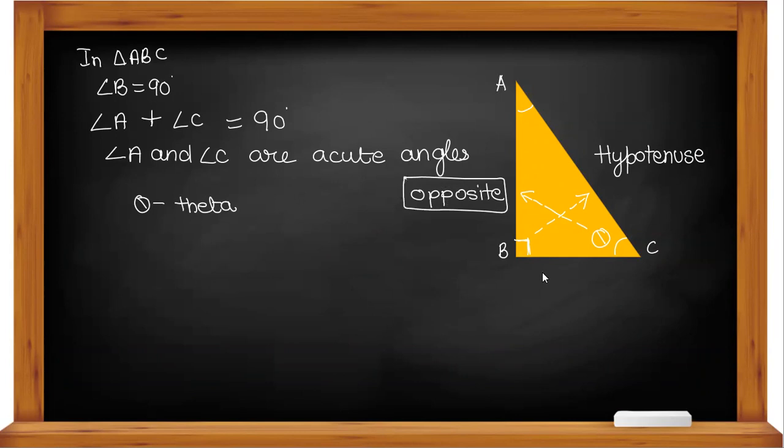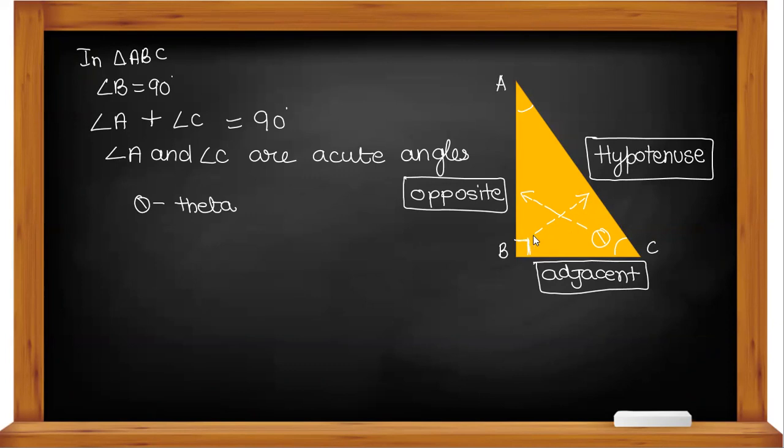And the remaining side, that is BC, is known as the adjacent. Now, we have three sides with us: opposite, hypotenuse, and adjacent. We can recognize them very easily.